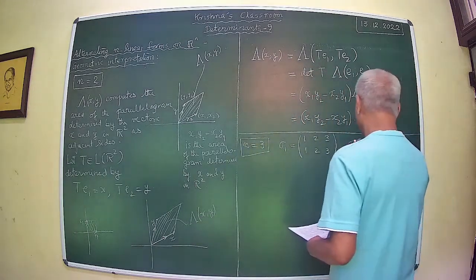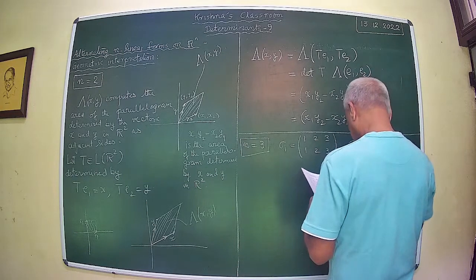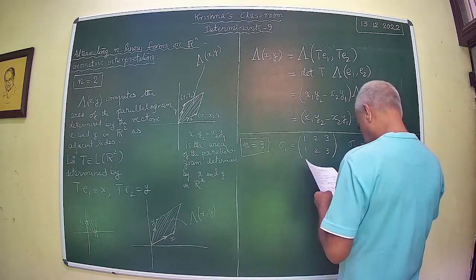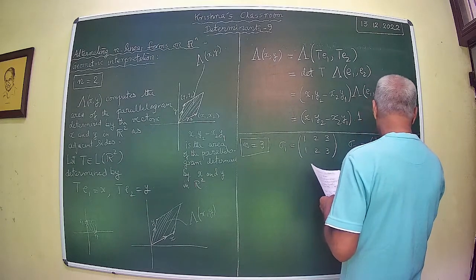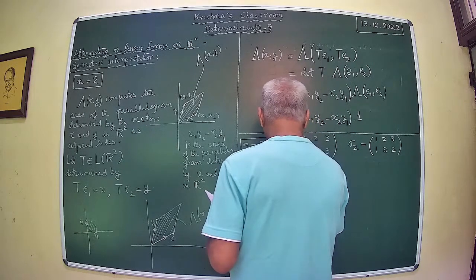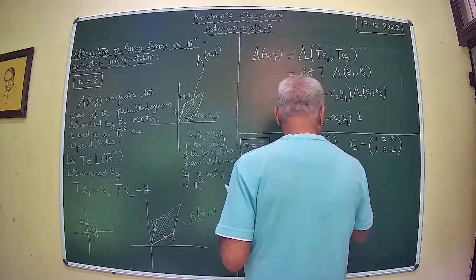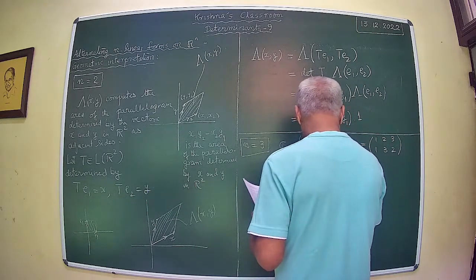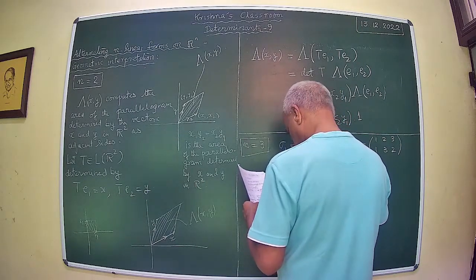Sigma 2 is the permutation 1, 2, 3 going over to 1, 3, 2. So these are notations. Sigma 3 we designate 1, 2, 3 going to 2, 1, 3.